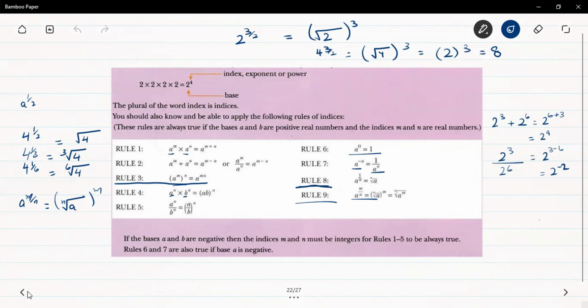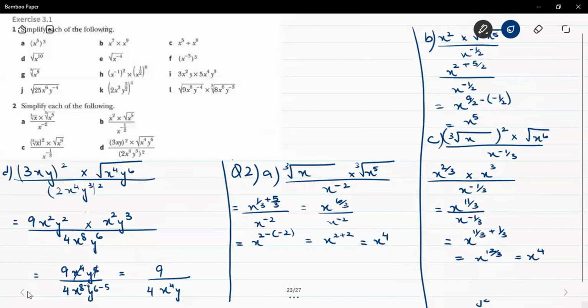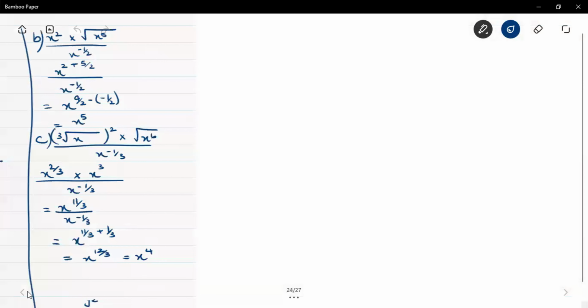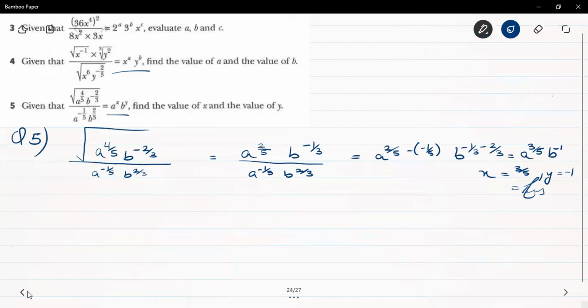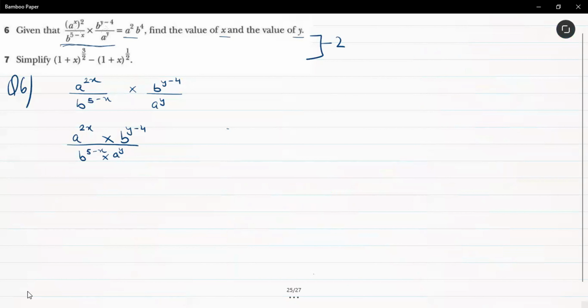There are just 9 rules. Just memorize them so that it makes your life really easy. Again, I'm not going to start explaining these rules. For that, you have to go to the previous lecture, where I've explained them in great detail.